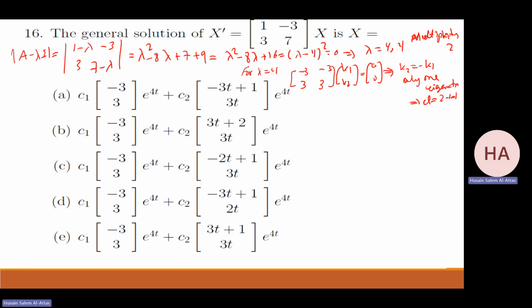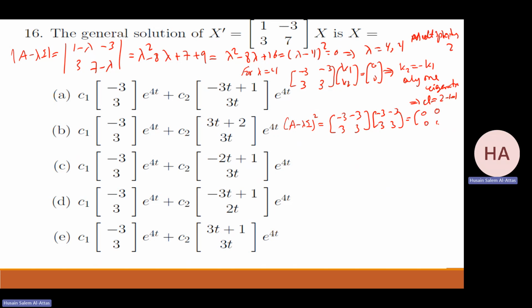So we'll find now A minus lambda I square, which is what? Minus 3, minus 3, 3, 3 times itself. That gives me 9 minus 9, 0. 9 minus 9, 0.